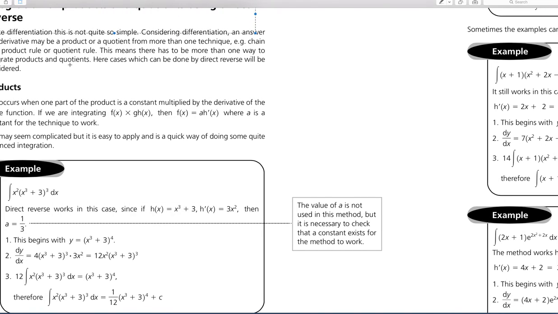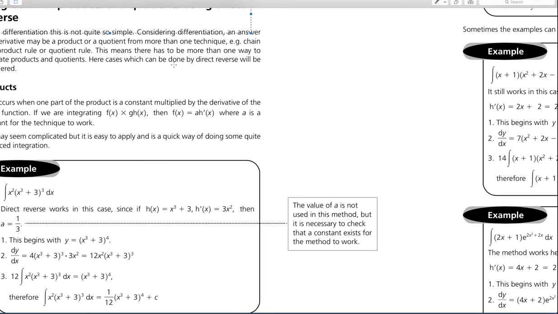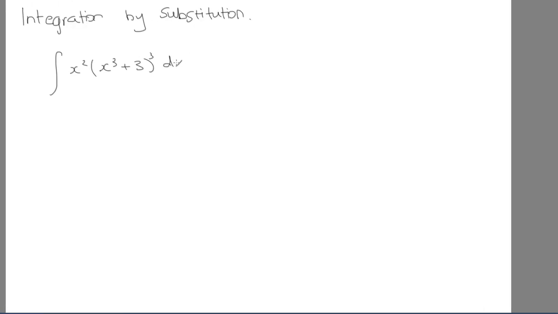Let's say you have integration looking like this. Let's say you have that. Write it down.